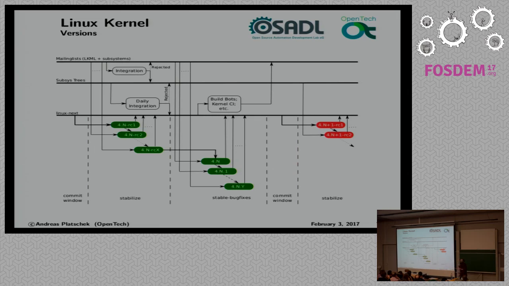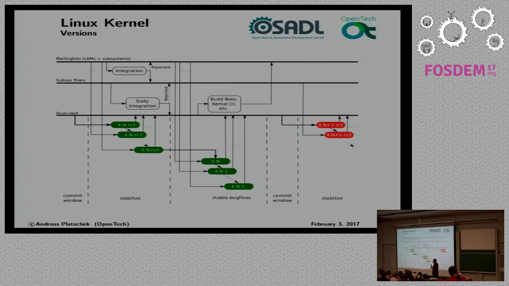You may have heard the term that Linus Torvalds opens the commit window. We're on the very left now. The commit window is a period of about 2 weeks where Linus Torvalds pulls the commits from Linux Next, from the integration kernel, into his own Git repository. At the end of this 2-week commit window, he produces the first release candidate of the new kernel version 4.n. That would be the leftmost green box, the 4.n-rc1.